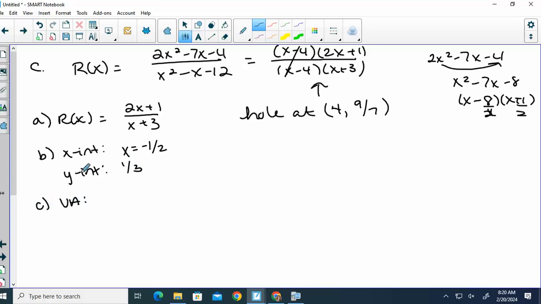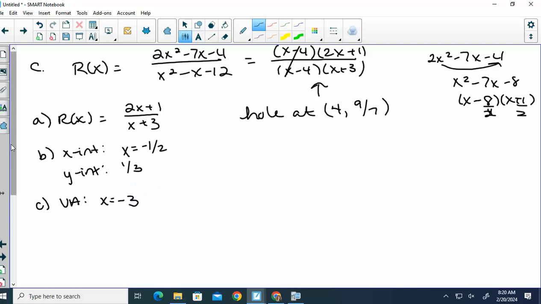Vertical asymptote, that is based off the reduced one, not the original. So if we look at our reduced one, what makes the bottom 0? So vertical asymptote x equals -3.